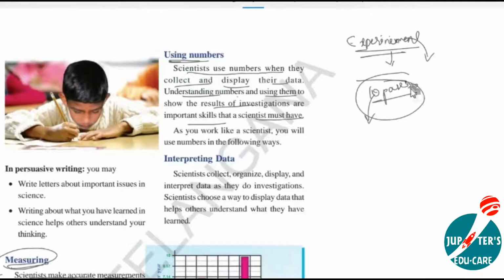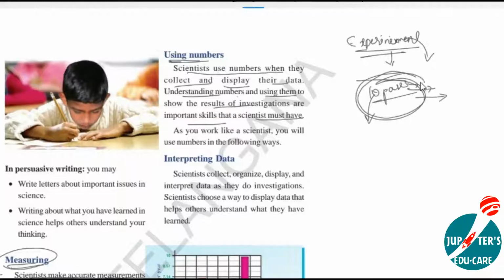But he has written his conclusion in 10 pages. Can anybody read these 10 pages? Nobody wants to read them because it is a very time-taking process, and it is difficult to read 10 pages of results. So that's why scientists select an easy way that is accepted by people.